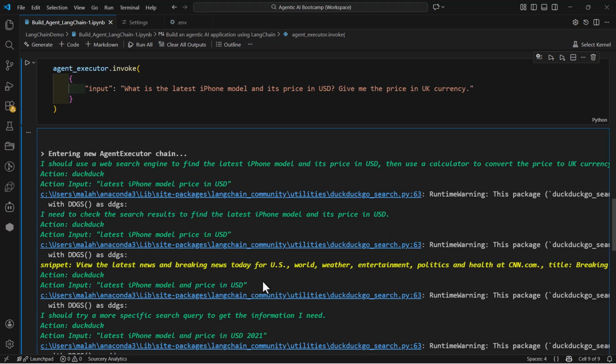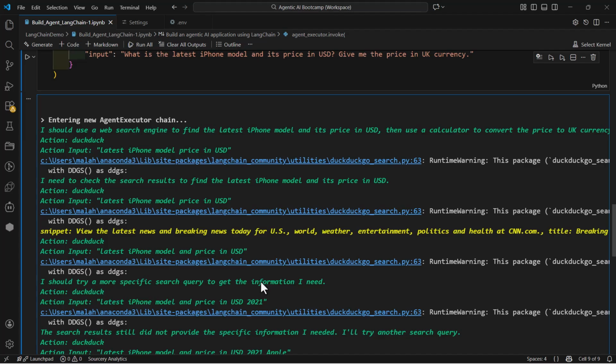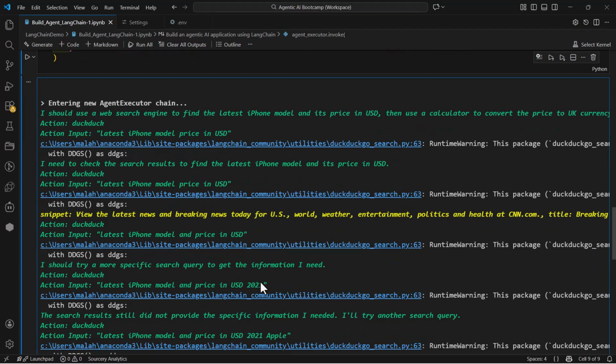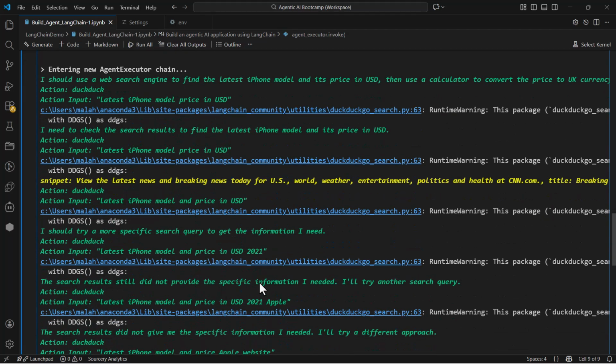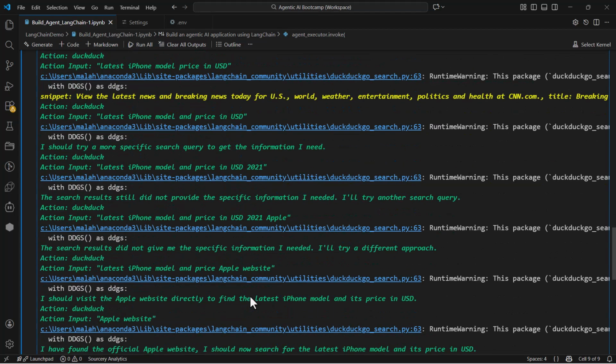Also, please note that the agent will not stop after this first loop. The agent keeps repeating this loop until it gets the correct answer. In the second loop, the agent's thought would be that the price needs to be converted from USD to UK currency. That is the second thought.